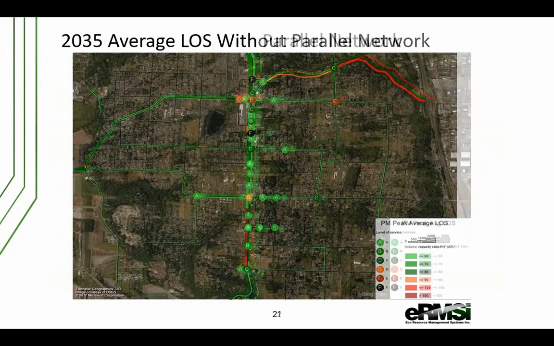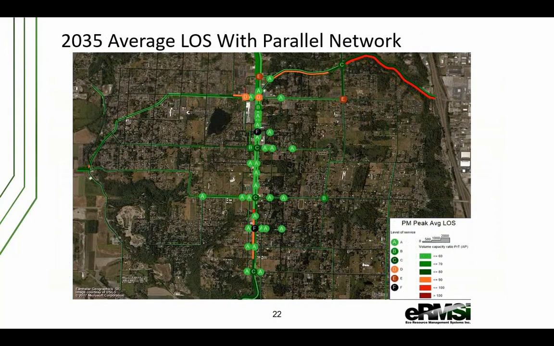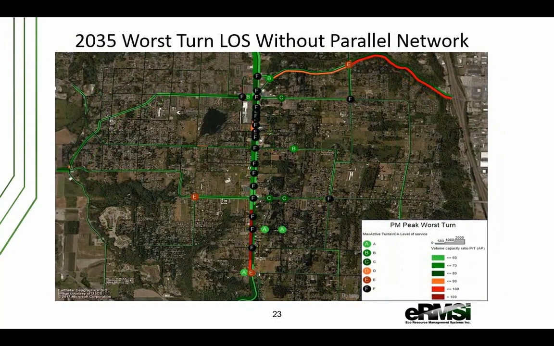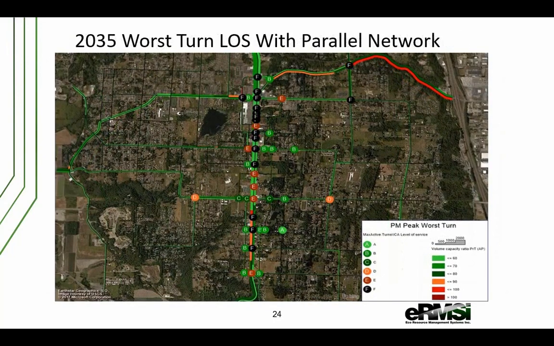We analyzed it with and without. I apologize, those don't line up, and it's a little hard with the aerial to actually look at it, but we still had some LOS problems. The average worst turn here improves a little bit, but we were still having problems.